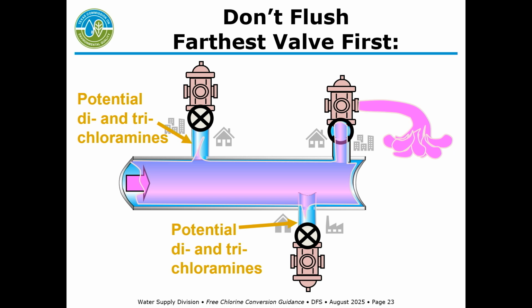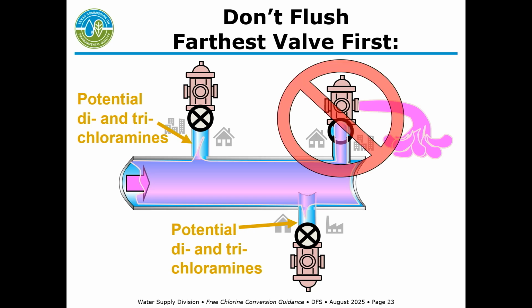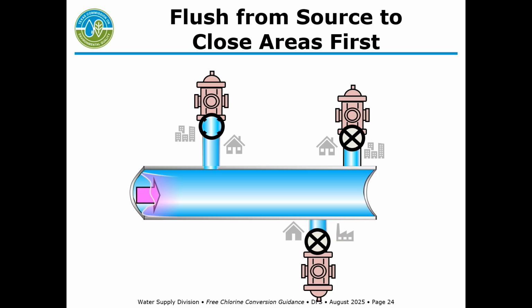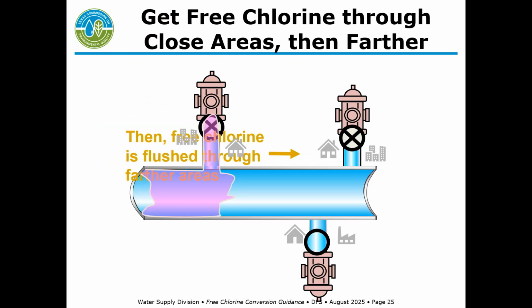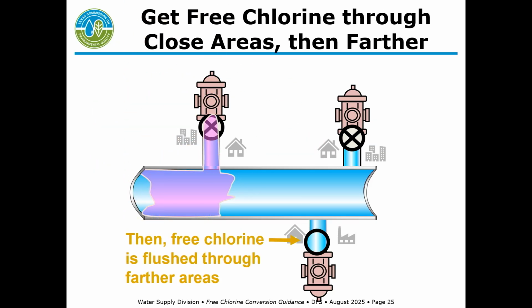You're going to get a little bit of the free chlorine going in here, and that's going to interact with the monochloramine. In these closer branches, you're more likely to get the odor complaints. So basically, don't do this. That is not the way to do it. The way you do want to do it is flush from the source to the closest area first, and then go on to the next farther place.